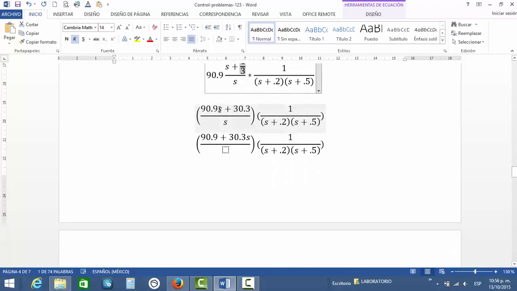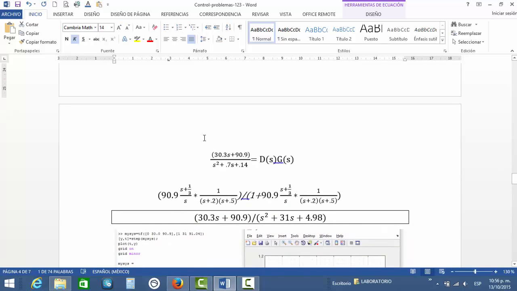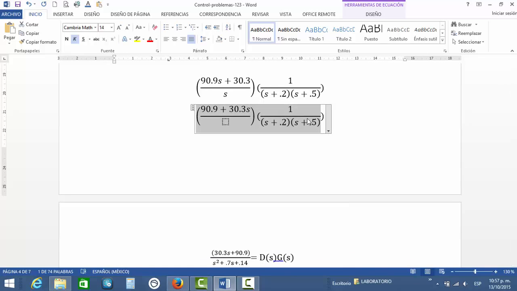Then we multiply the 0.9 by s plus 1 between 3, and we obtain 0.9 s plus 0.3. Then we divide this formula by s, and we obtain this formula.